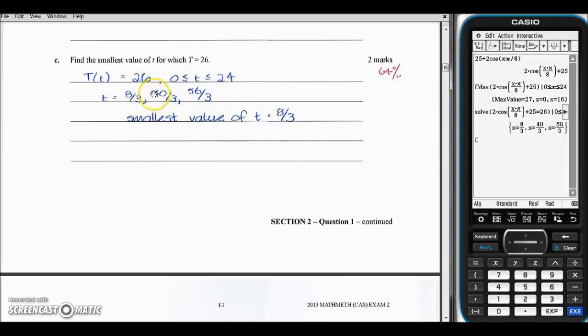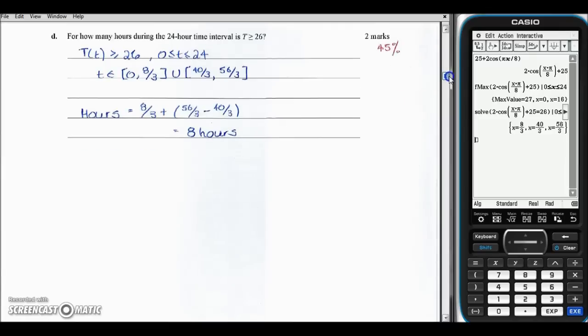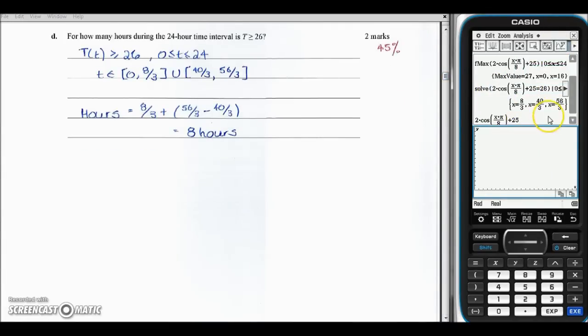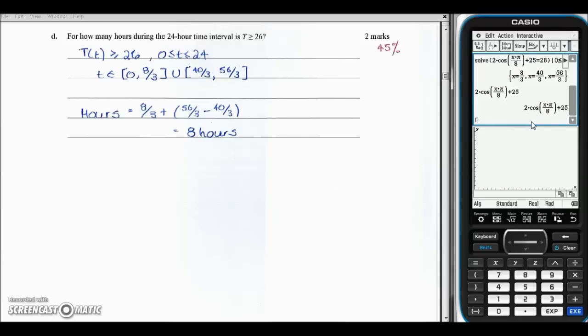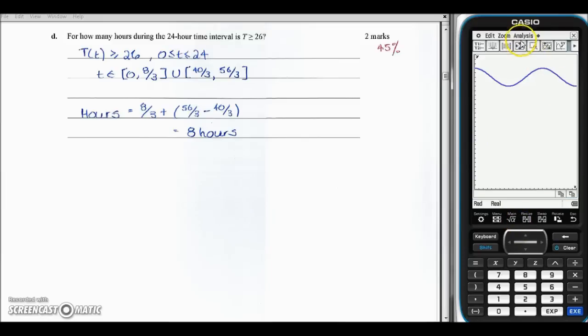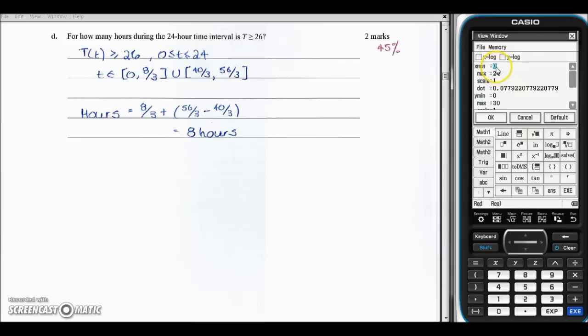So it's just a matter of, well, is it between these or is it outside of these? We're not really sure. So you could just sketch the graph quickly. I think I already did this earlier, so the window is probably about right. And there it is there. So we could have just changed our window. We know we're going to go from 0 to 24 and y is going to go from around 0 to 30.